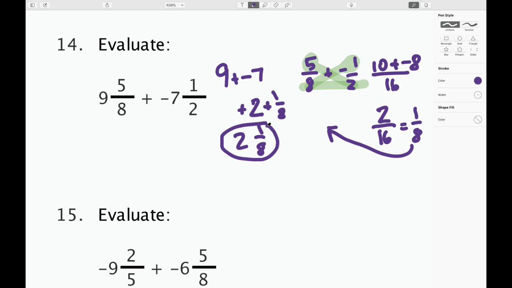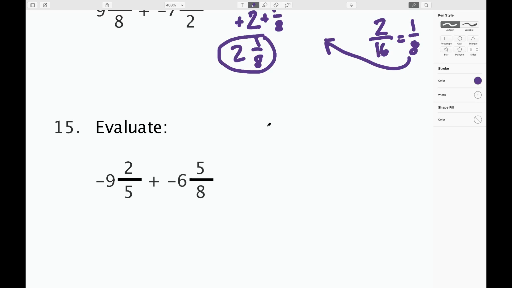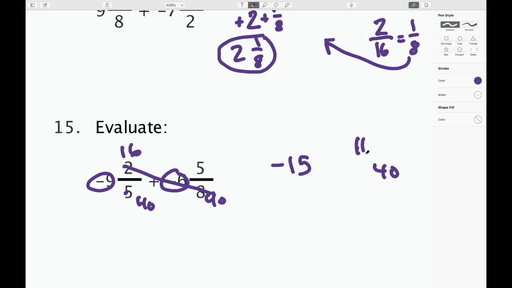Okay. So it can be kind of, it's a little, I don't know. In some cases, it's easier to find the common denominator, but in some cases, that common denominator, like a number 15, is going to be 40. So then you're having to do all this when really, I could take -9 and that's -15. And then I just go, let's see, 5 times 8 is 40. 2 times 8 is 16, so 16. 5 times 5 is 25.